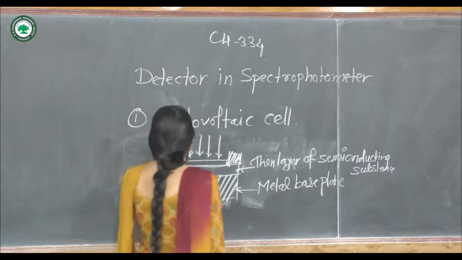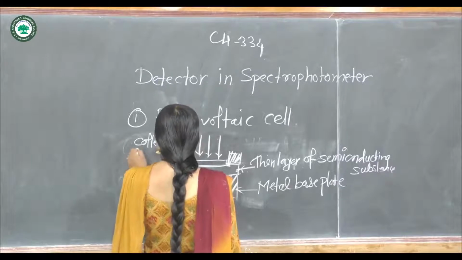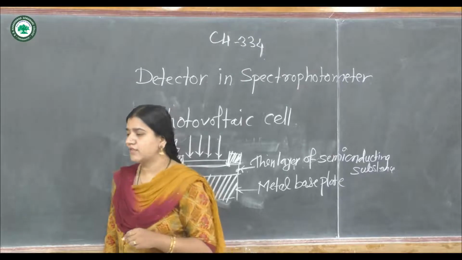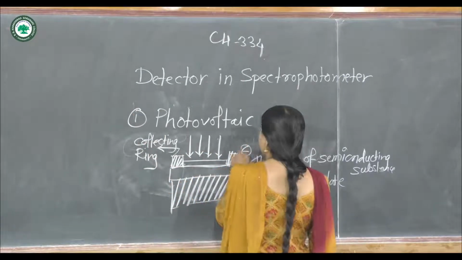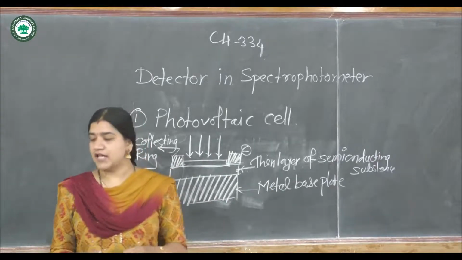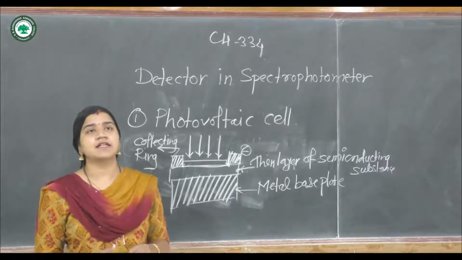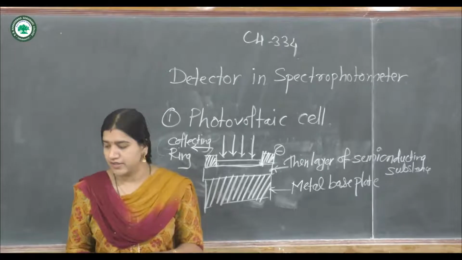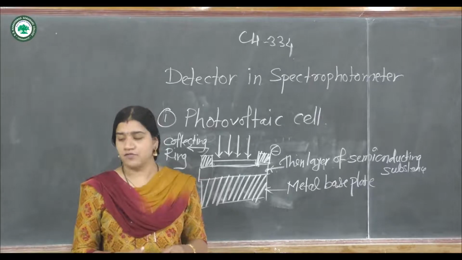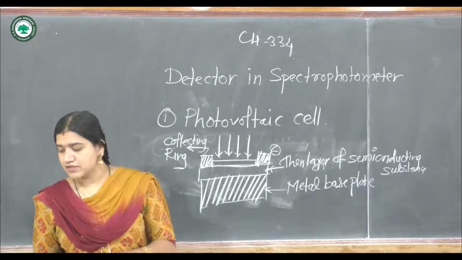One is the collecting ring, and the other is connected to the negative electrode. When the light radiation is incident on the surface of the semiconducting medium such as selenium, electrons are generated at the selenium-silver interface.